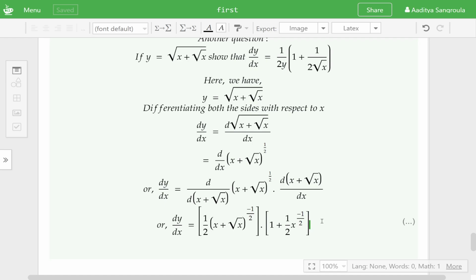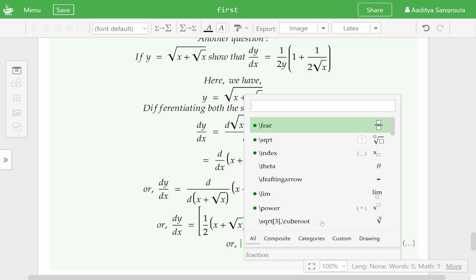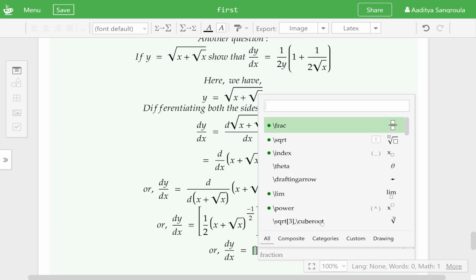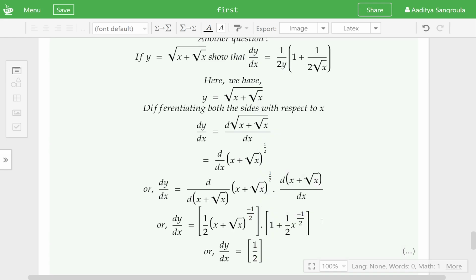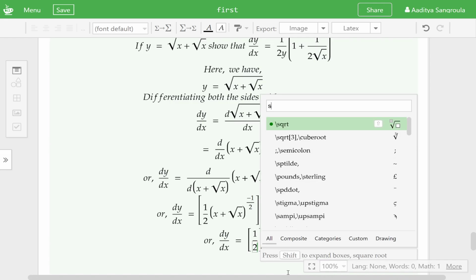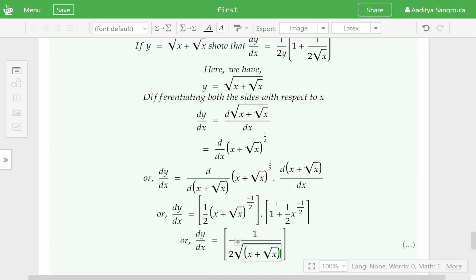So now look at it. We say dy over dx is equal to, in big brackets, 1/2 times 1/2, and in the denominator it's going to be the square root of this. I hope you get that. Because it's a negative 1/2, it goes to the denominator, and 1/2 is the square root.